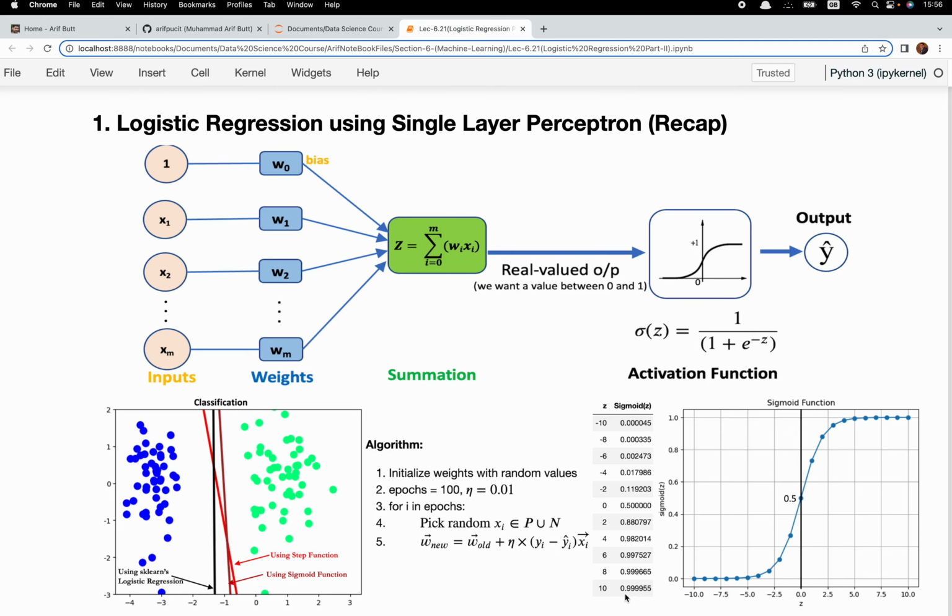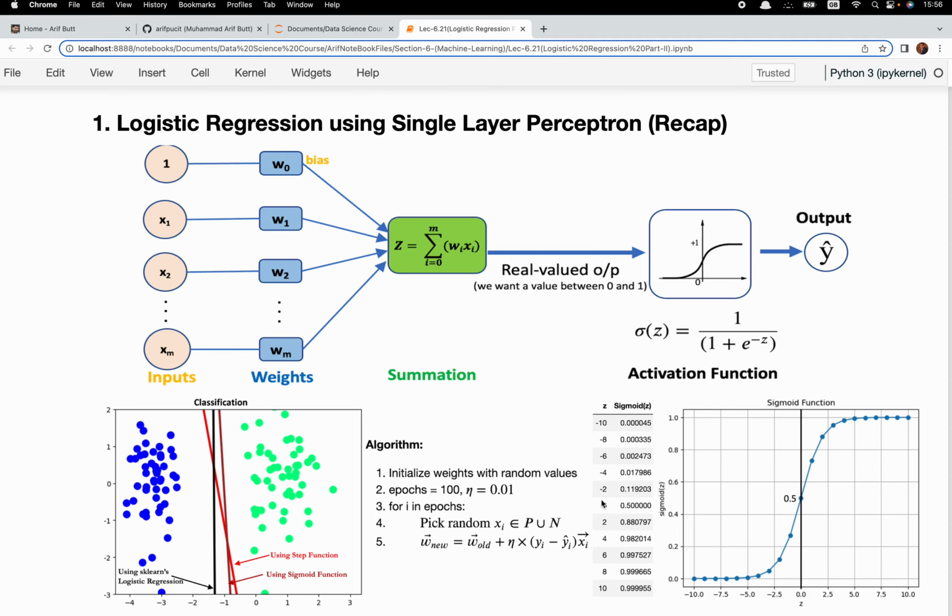So for 10, sigma of z is 0.999. On the contrary, if z is a very large negative number, sigma of z approaches to a value of 0.0. You see, for -10, sigma of z is 0.000045.